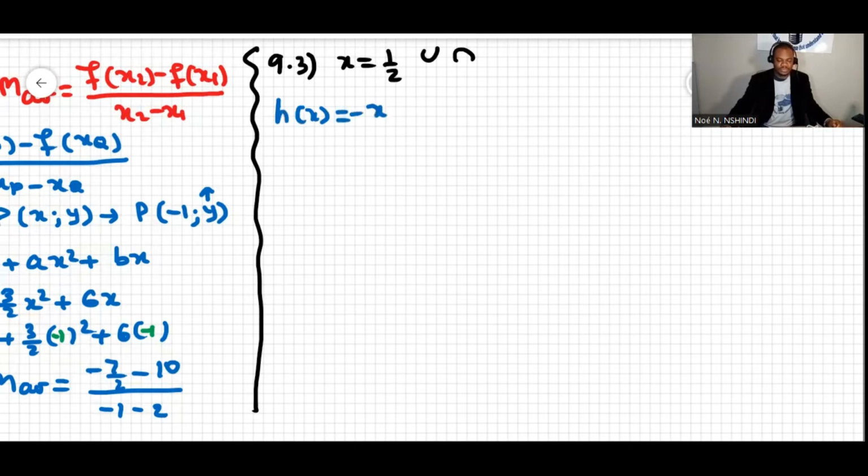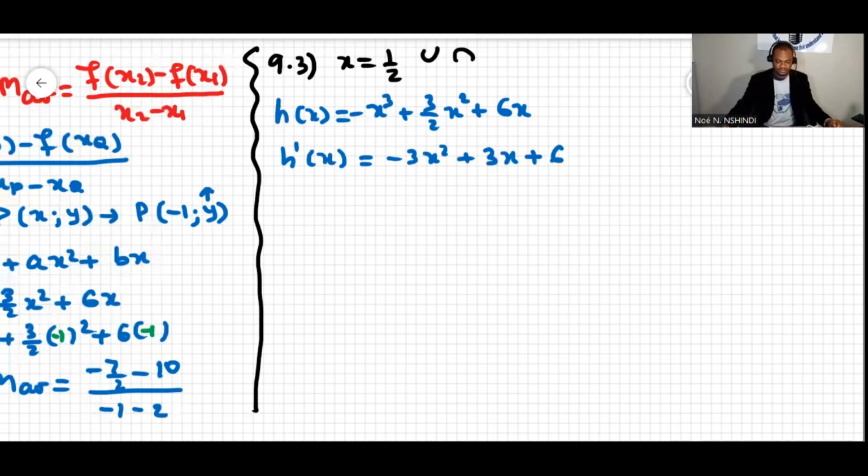Now, first of all, we did find that h of x was equal to negative x cubed plus 3 over 2 x squared plus 6x. And then h prime of x will be negative 3x squared plus 3x plus 6.